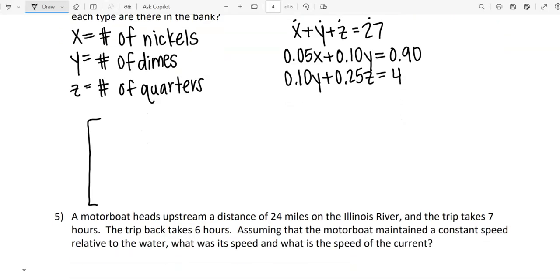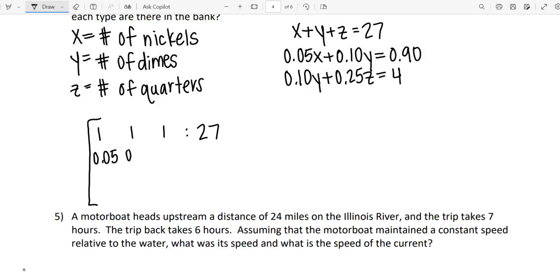Using that first equation, X plus Y plus Z equals 27. What's in front of X that you don't really see? A 1. So 1, 1, 1, 27. Yes? Matthew, give me the second equation, or the second row in our matrix.